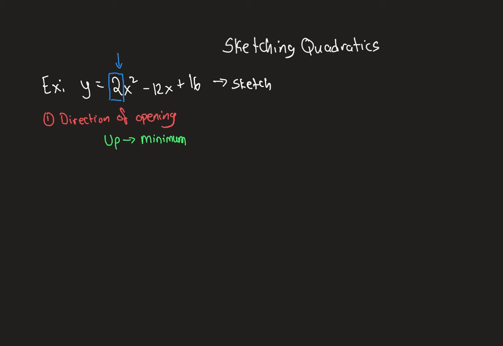Next up, we want to find our intercepts. Okay, so we'll start with the y-intercept because that's the easier one. Because the y-intercept, when it's given to me in standard form, is always going to be the very last number. So my y-intercept should be equal to 16 in this case.